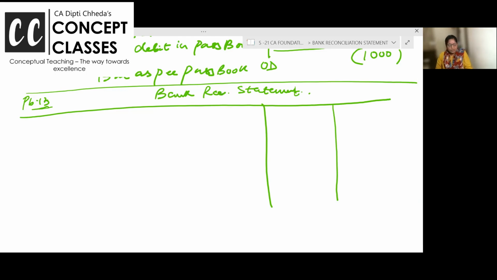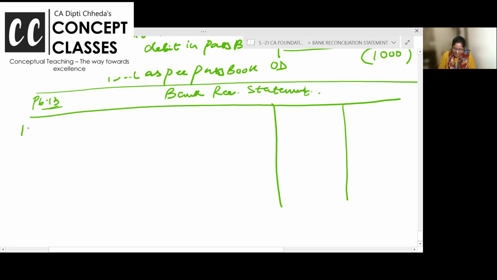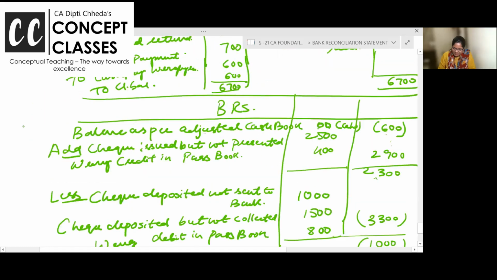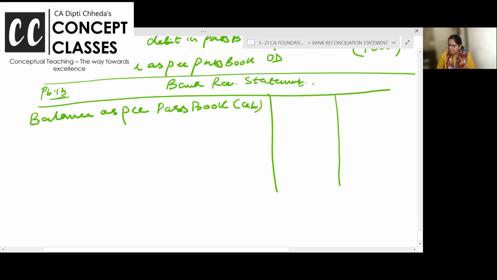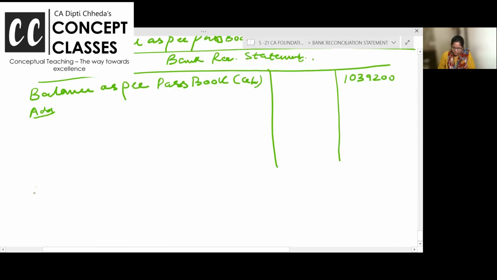Chalo, all of you students who are doing it live with me, you are having the material. Read now, we are preparing simple BRS, but then this time balance as per passbook is given. Favorable means credit balance. In our books, debit balance, passbook, credit balance. 10,39,200. Some add and around 4 to 5 lines you leave and then some less.